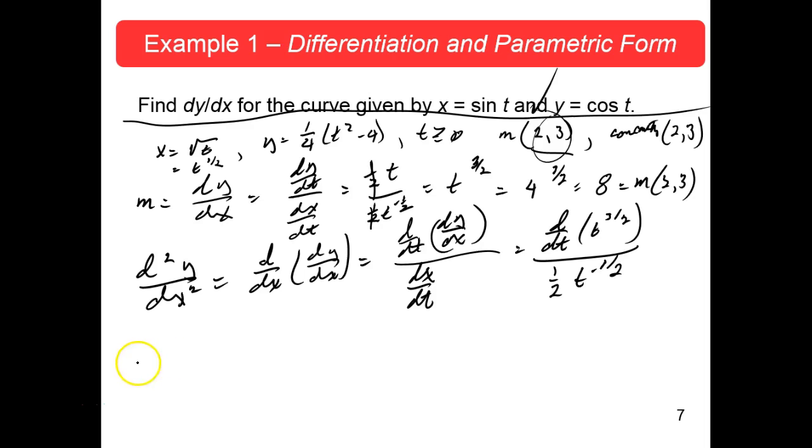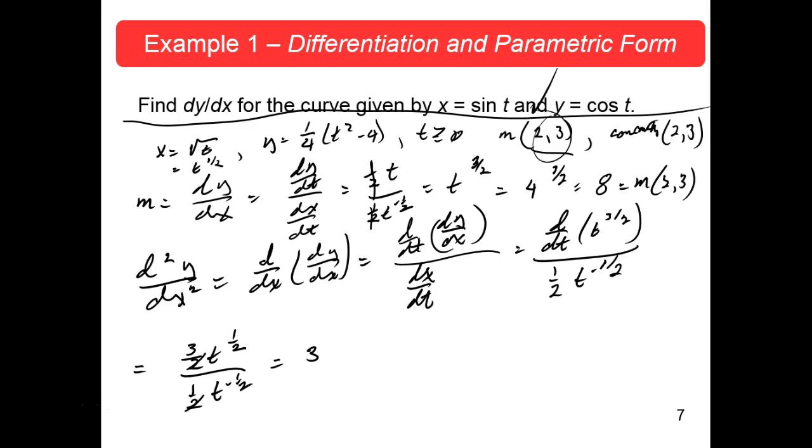Okay, so let's do what they tell us to there. What's d by dt of t to the 3 halves? 3 halves t to the 1 half over 1 half t to the negative 1 half, right? Now, here I can get rid of the 2's in the denominator, and that will leave me just the 3 as the coefficient part.